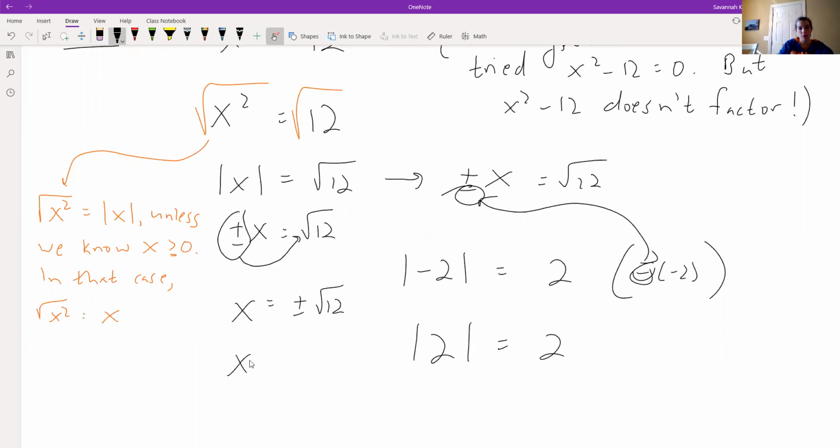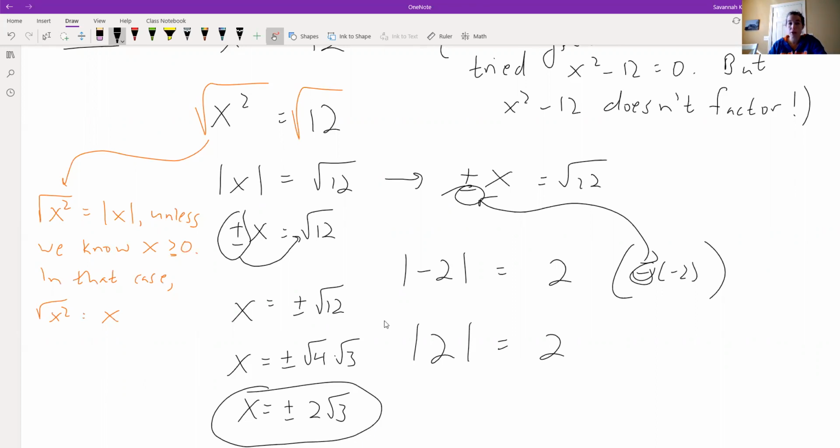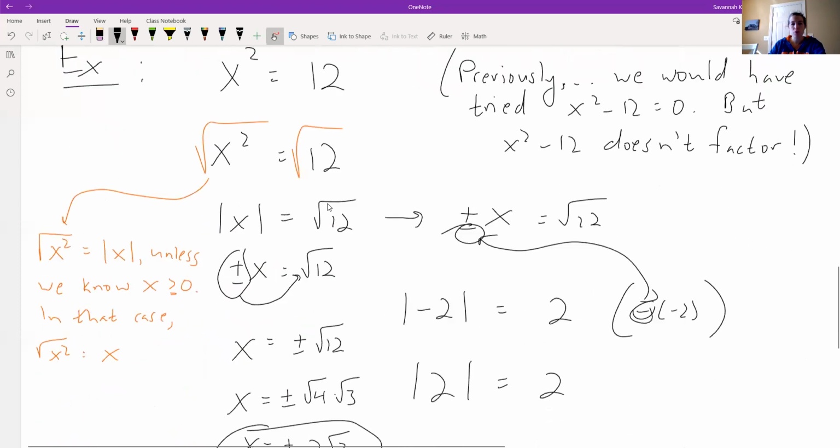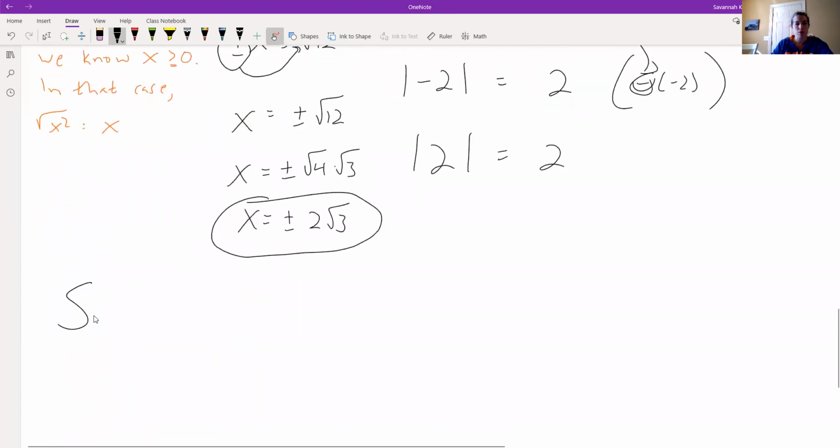And the square root of 12, if we break that apart, because 12 is 4 times 3, we've got that, right? Okay. So this is what the square root property is taking into consideration, so that we don't have to mess with absolute value bars or that thought process at all. That's what the square root property does for us.